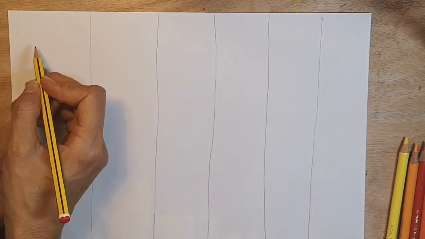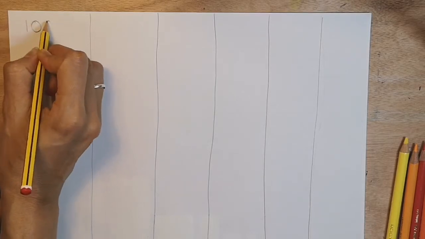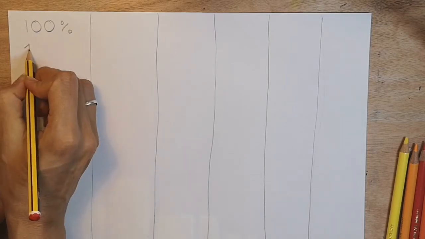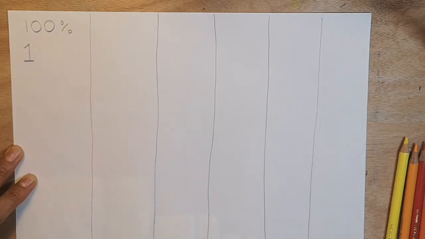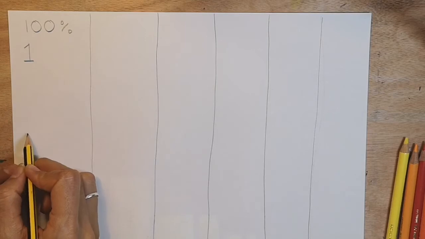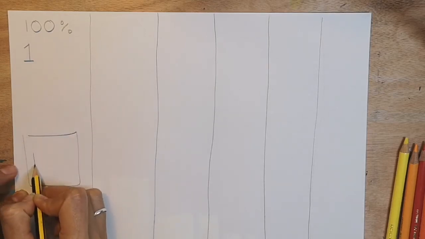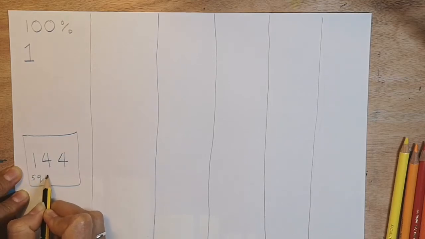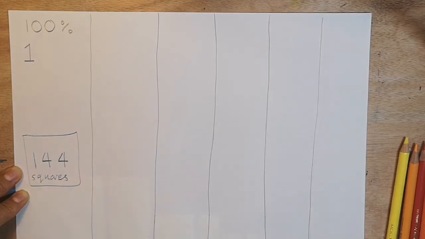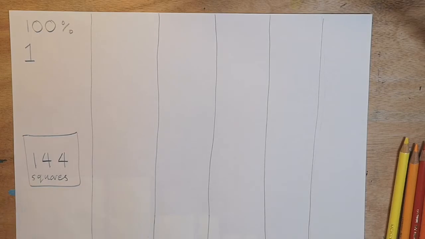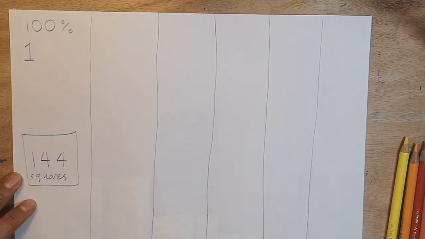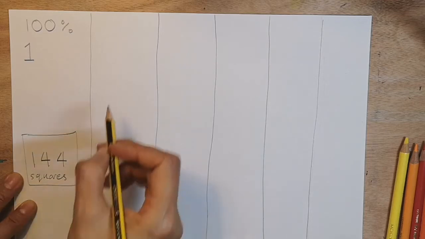So this is 100%. It's one whole, and that one whole is 144 squares. I want to split those squares into different amounts so that I can colour them different colours.